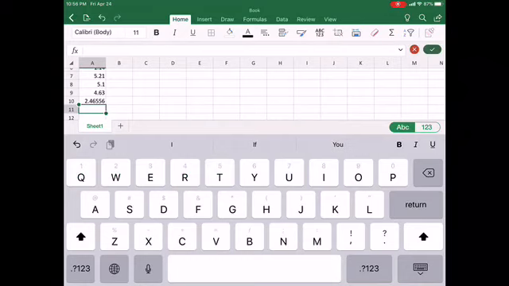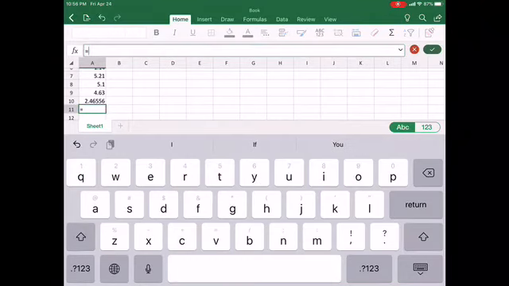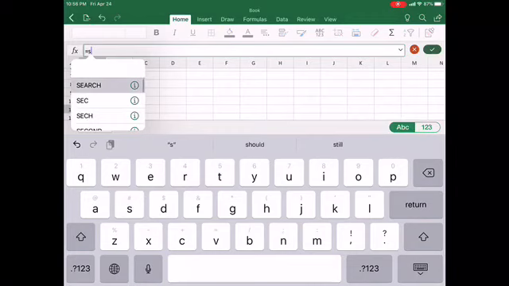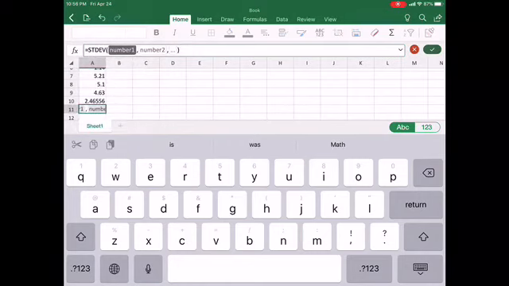So in my next little cell, I'm going to type in the equal sign so that Excel knows that I want it to find the value. Then I'm going to type in ST for standard, and notice how it says STDEV, which is what I want, the standard deviation. And again, since I'm using Excel for iPad, I'm going to go ahead and erase those values.